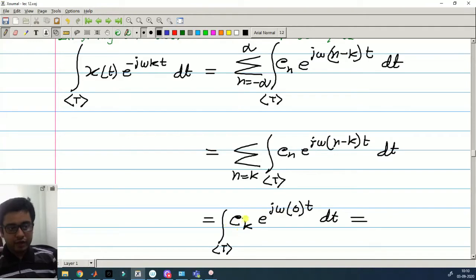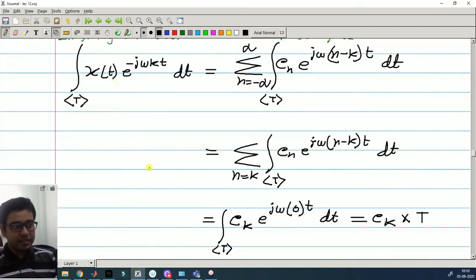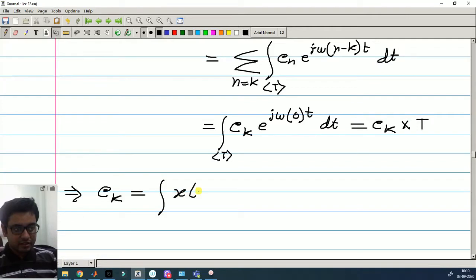So we will have this constant Ck, and this 1 integrated over a complete cycle will give us T, and from this you can write Ck is equal to the left hand side, which is the integration of x(t) e to the power minus j omega k t dt over a complete cycle, and then divide by this capital T. 1 over T times the left hand side.